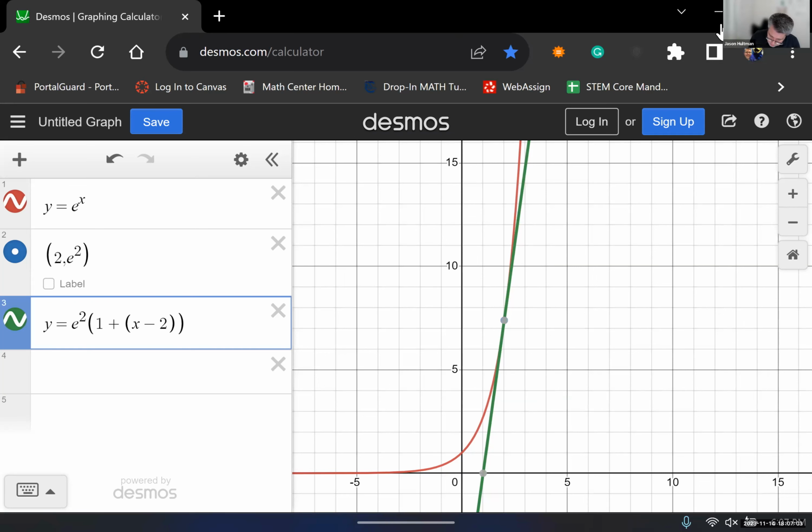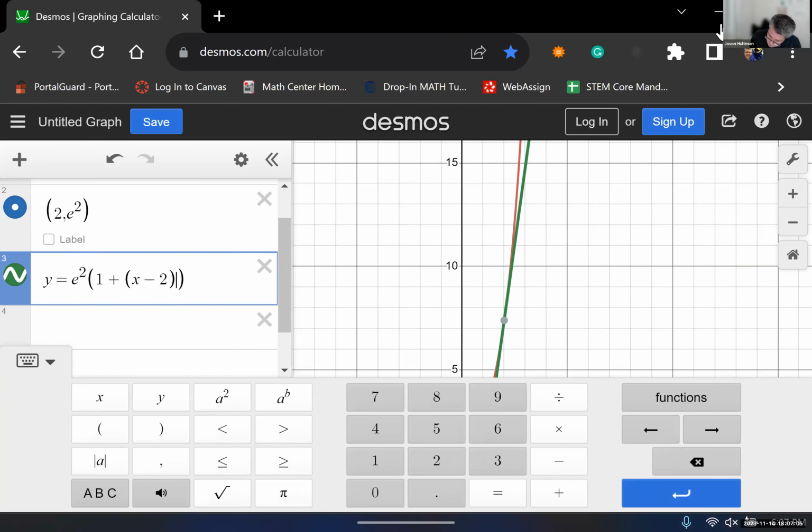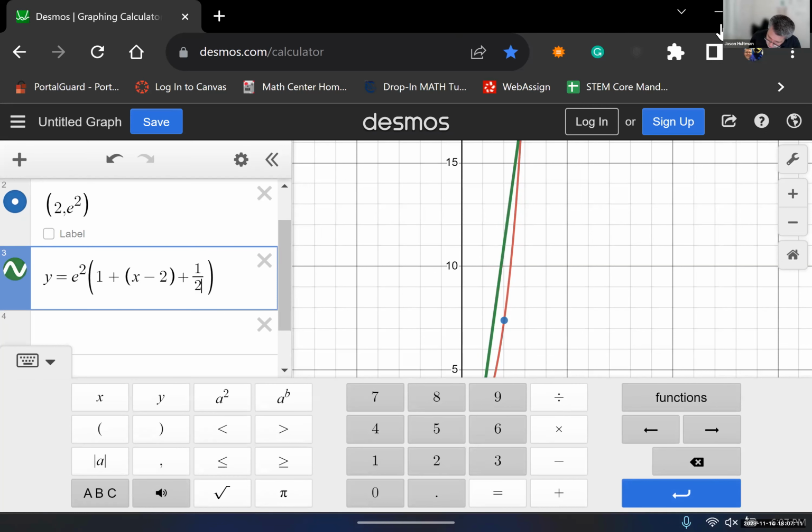So let's grab some more terms here. Okay, so plus 1/2, 1 divided by 2, because it's 1 over 2 factorial, times x minus 2 squared, right?